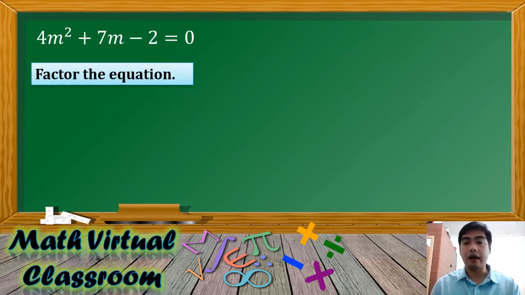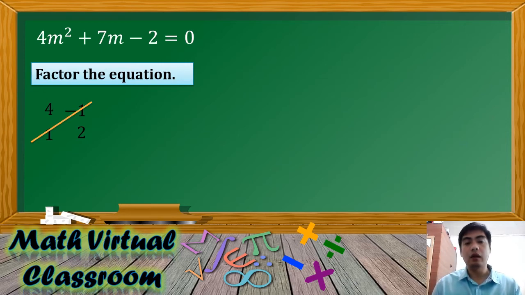We solve by factoring. Remember, in factoring, we consider the value of your a and the value of your c. So in this example, a is 4 and c is equal to -2. So by trial and error, let us say that we will use 4 and 1 as factors of 4. And for -2, we will be using -1 and 2. Let us multiply the given diagonally.